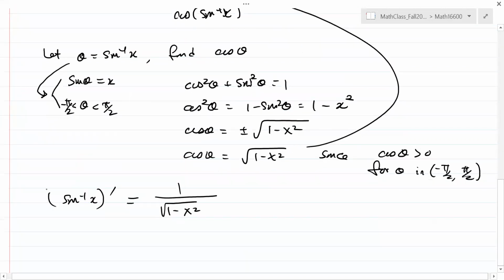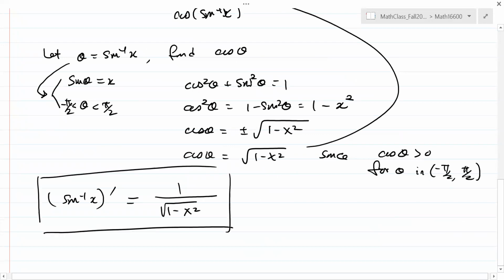So we get a very important formula. The derivative of the inverse function of sine can be expressed without using trigonometric functions, because trigonometric functions are more abstract than radicals and polynomials.